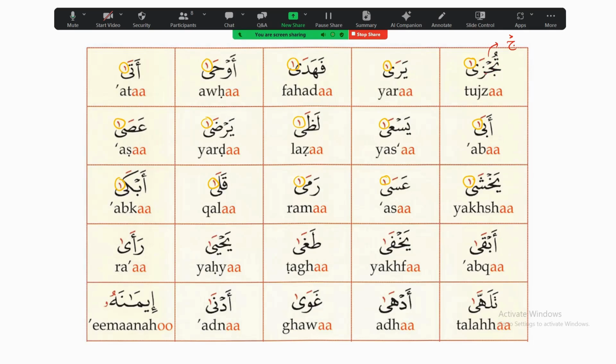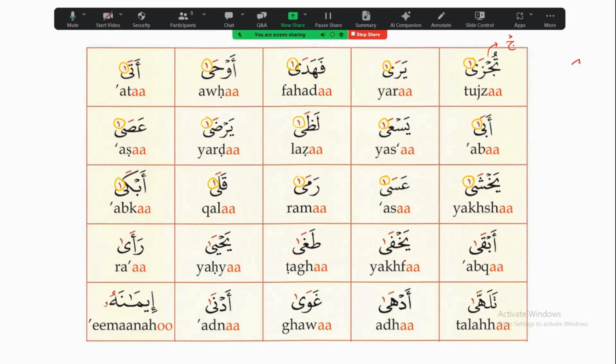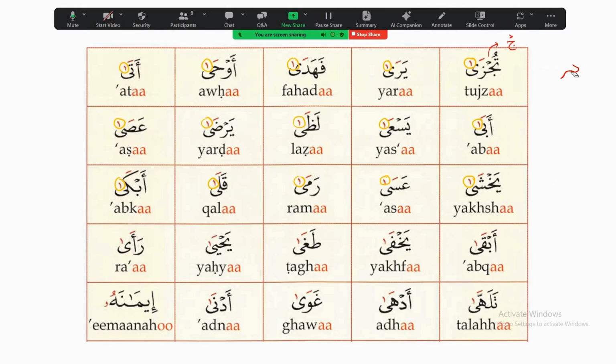Okay, so here I'm stretching it for 2 counts because there is this standing straight line symbol after the za letter. Okay, you might be focusing on this thing as well. I know you are beginners for now. You should not be focusing on these things because you will get a hang of these with time, inshallah.